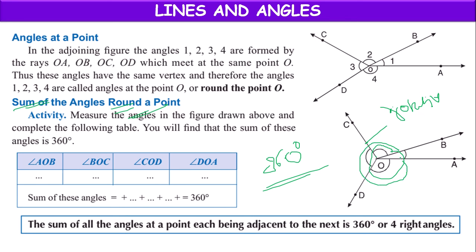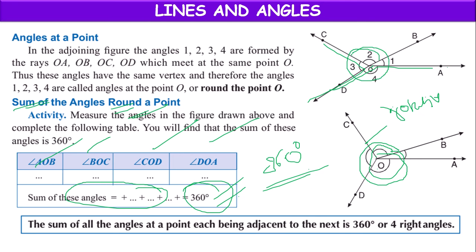One complete rotation means the angle is equal to 360 degrees. In that we have 4 parts: AOB, BOC, COD, AOD. 1, 2, 3, 4. The sum of these angles is always equal to 360 degrees, because all the angles make one complete angle around the point O. That's why their sum is equal to 360 degrees.